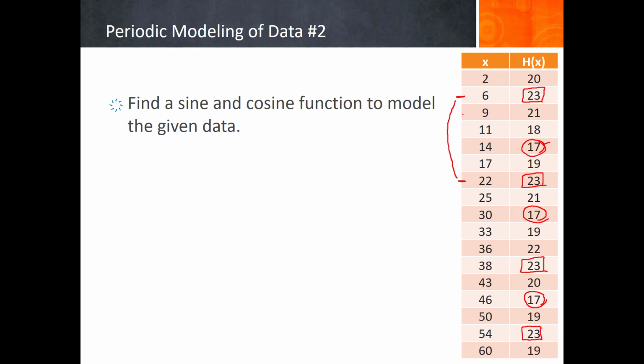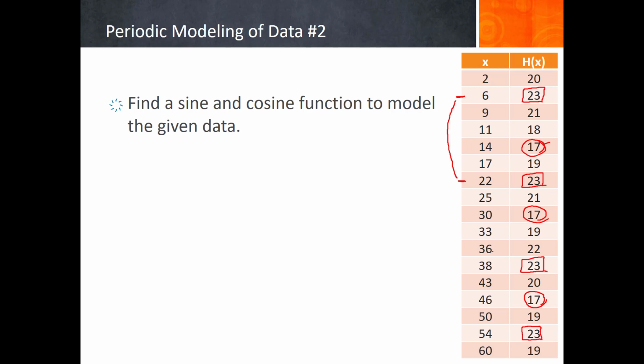And again, we could find the other distances. So from the second maximum at 22 to the third maximum at 38, we could do that maximum there as well. Hopefully, in the real world, you probably want to look at all those periods and then kind of average them together. But this is just made up data for an example here.